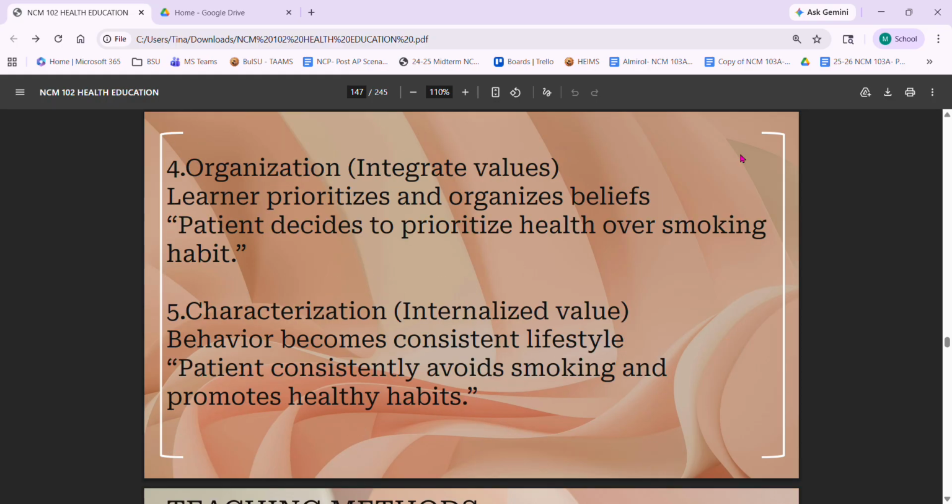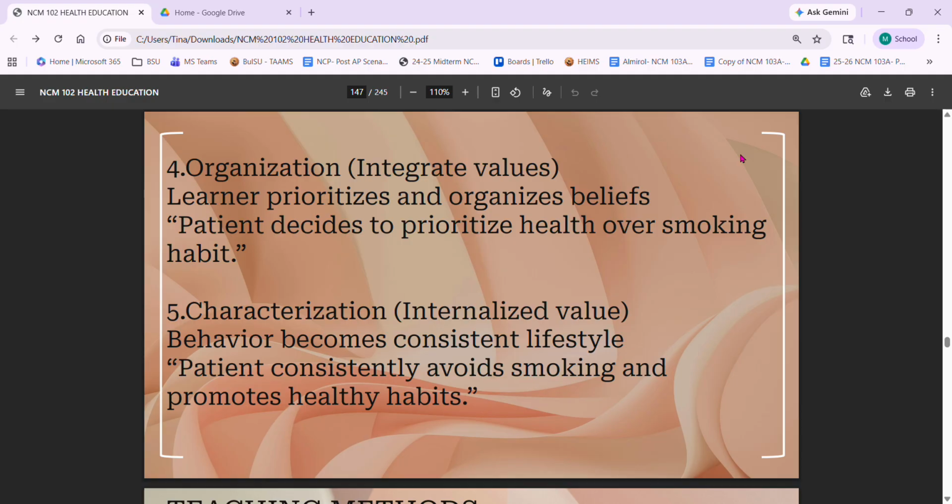Now, organization, this one integrates the value. So, you prioritize and organize the belief. So, patient decide to prioritize health over smoking. And lastly, characterization. So, yung internalized value. So, behavior becomes consistent lifestyle change. So, patient consistently avoid smoking and promote healthy habits.